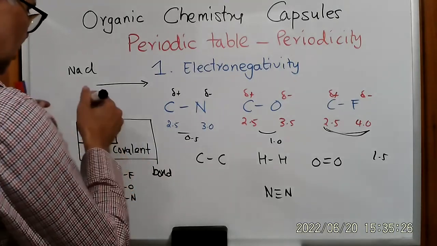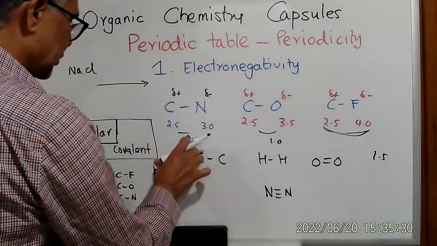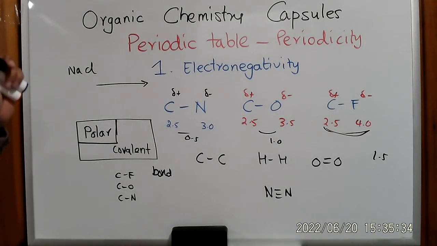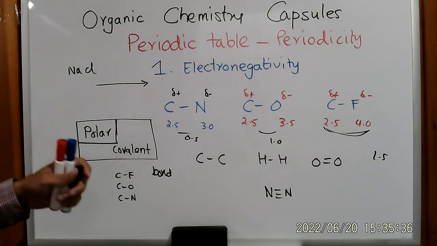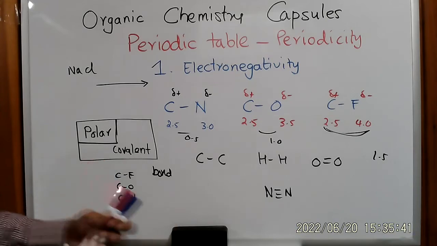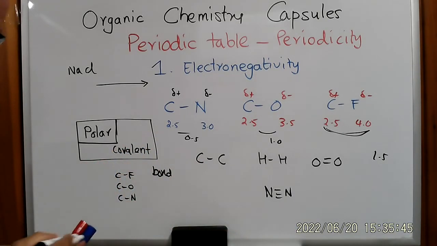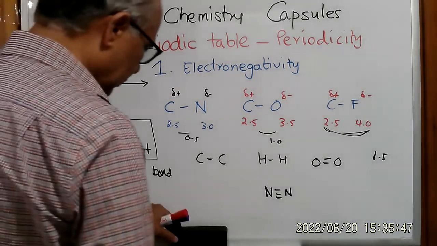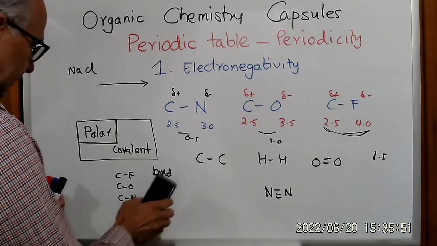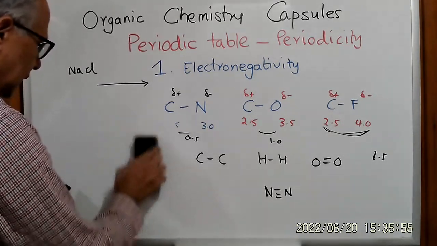This foundational concept, polar covalent bonds and electronegativity, plays a crucial role in the physical and chemical properties of compounds. For example, let's look at not an organic compound, but water, H2O, which you are familiar with again.